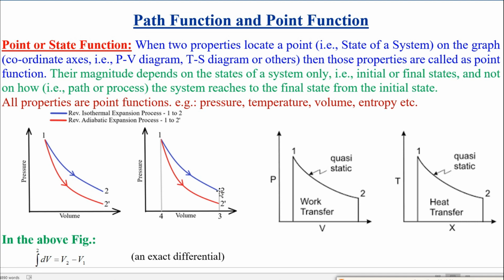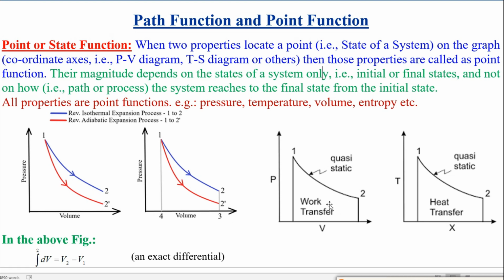Now the other properties like heat transfer, work transfer, etc., depend on the path of the system. In the PV diagram, the area below the line 1 to 2 is the work transfer, and in the TS diagram, the area below the line 1 to 2 represents the heat transfer.